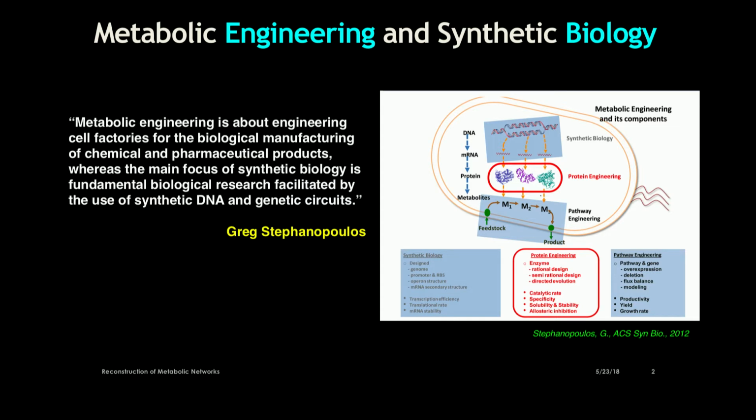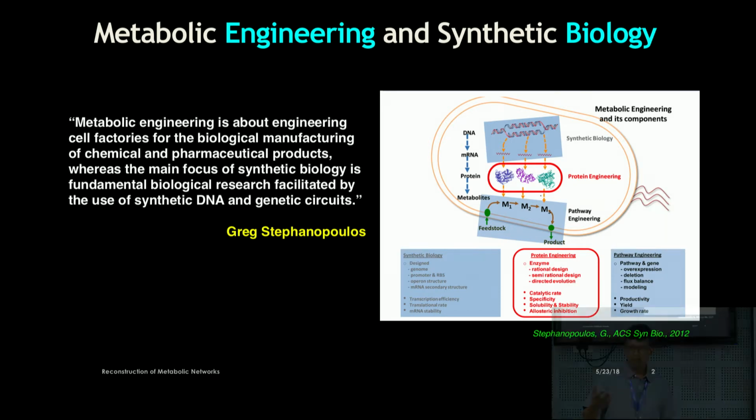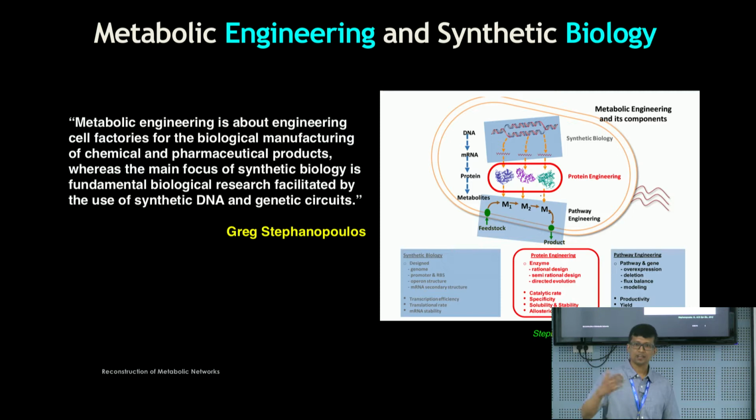So, I would like to bring your attention to the second word of these two terms, engineering and biology. One is more application, the other one is more sciencey in that sense. If you look at this diagram, I am not sure if it is visible from the back, let us say we would like to build a platform to produce a specific product, and this is a common theme that I have been discussing for the past 2-3 days.